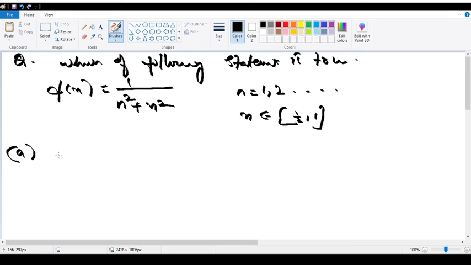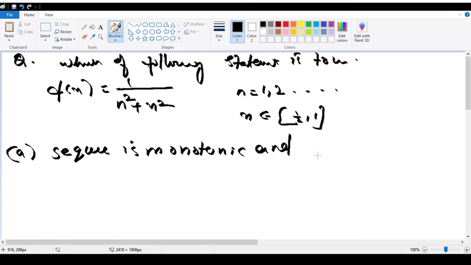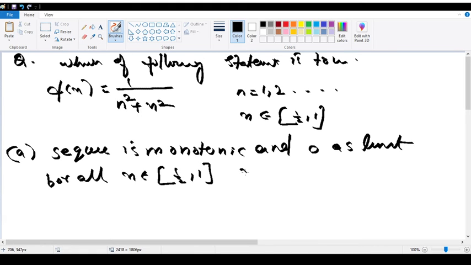First option, sequence is monotonic and has 0 as limit for all x element of half comma 1 as n tends to infinity.